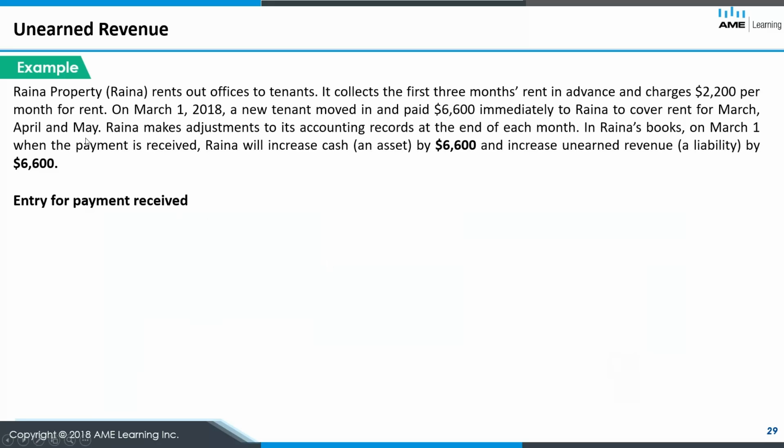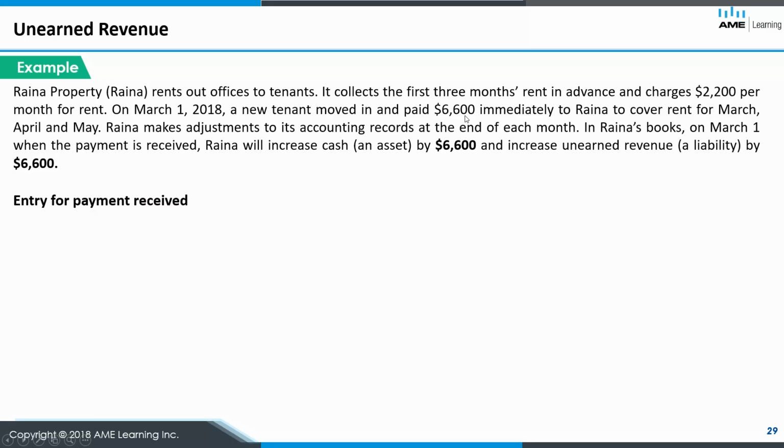So here's an example. Say that we are the landlords here, renting offices out to tenants, and so now we are collecting prepaid rent from our customers, essentially. If we collect the first 3 months' rent in advance, $2,200 per month, on March 1st we have a new tenant, and they pay the $2,200 times 3, which is $6,600.